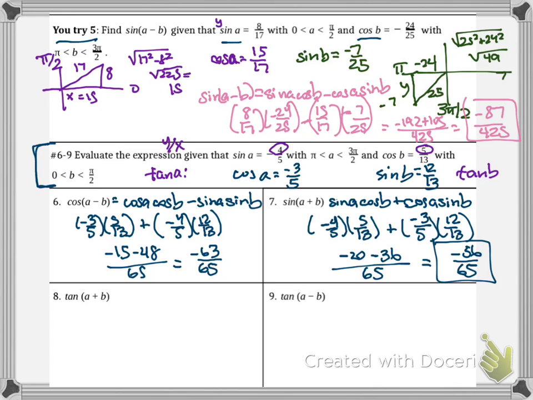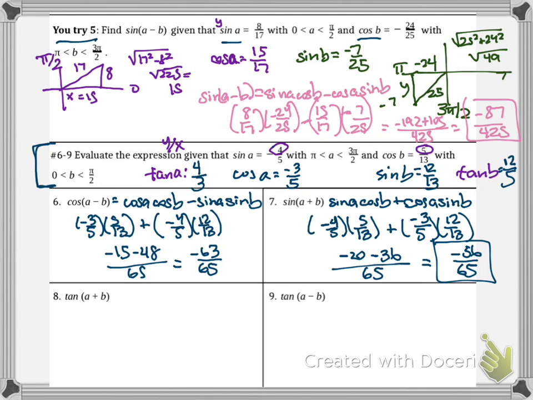Tan of A plus B. So we have to figure out what tangent of A is. Again, tangent is y over x. So y is negative 4, x is negative 3, and so negative over negative will be a positive 4 over 3. Tangent of B, it's y over x, so this will be 12 over 5.